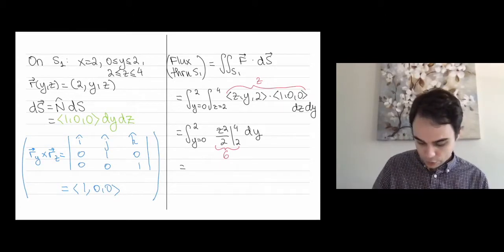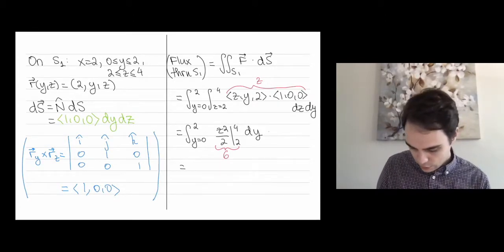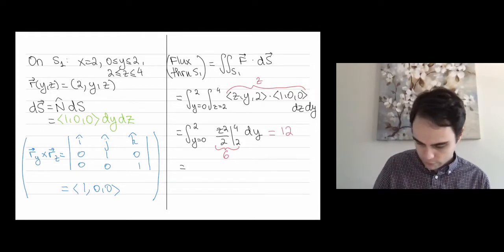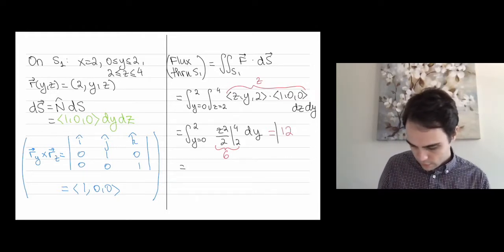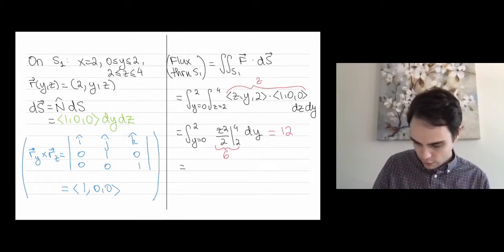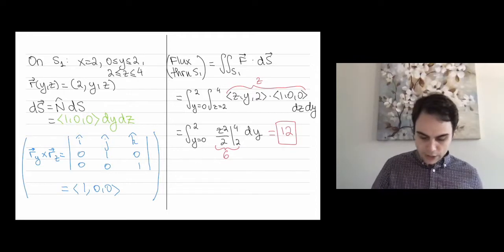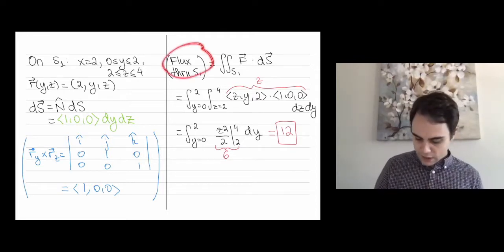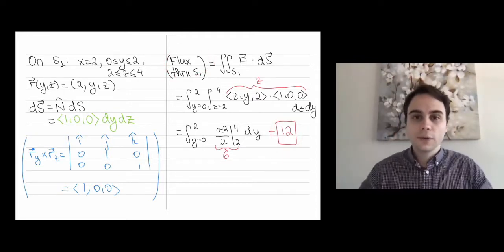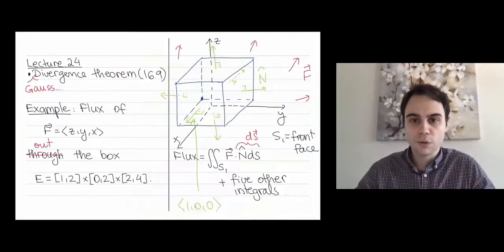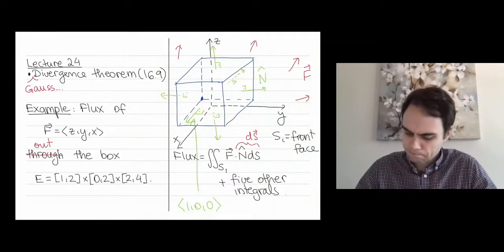And so this integral here is just 2 times 6, that's 12. So the conclusion: the flux through the front face is 12. And by going through a similar process, we could compute the flux through any of the other faces.